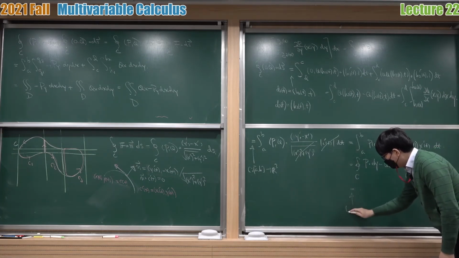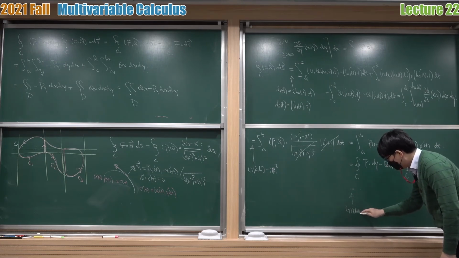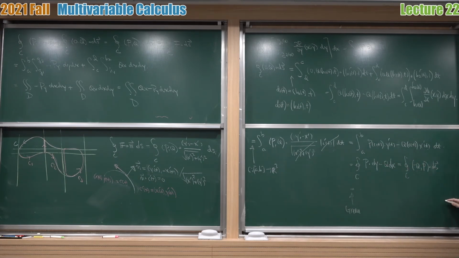Now let's use Green's theorem. What's Green's theorem? In Green's theorem, this minus Q works as P, and P works as Q. So whatever you have to remember is that the y component is partially differentiated by x, and the x component is partially differentiated by y, and you subtract them from each other.